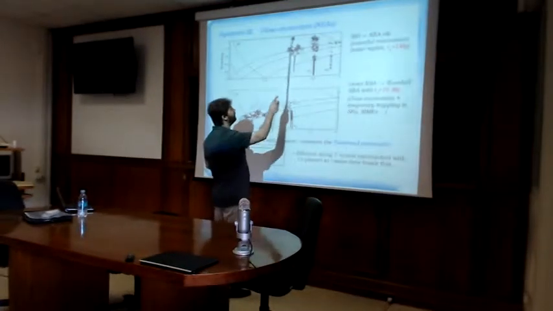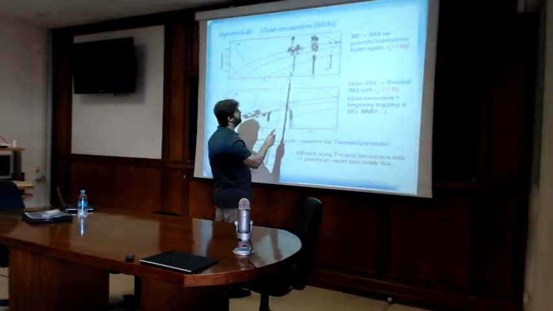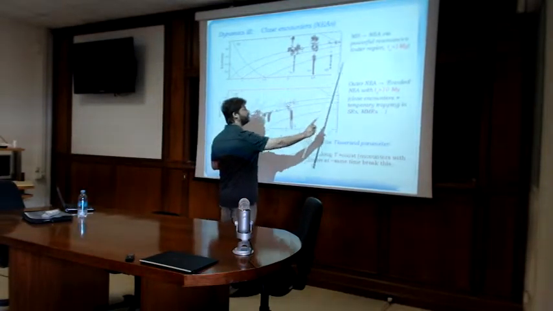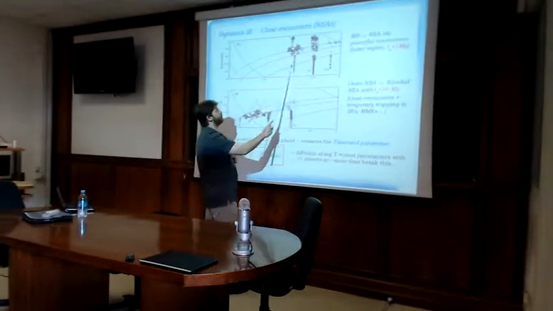But the eccentricity will grow. Given enough time, the eccentricity can be such that the orbits are crossing the orbit of Mars, or even more, the orbit of the Earth.